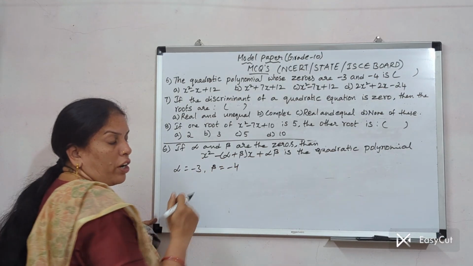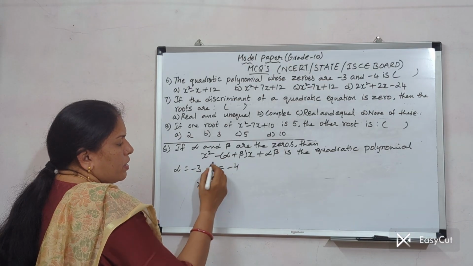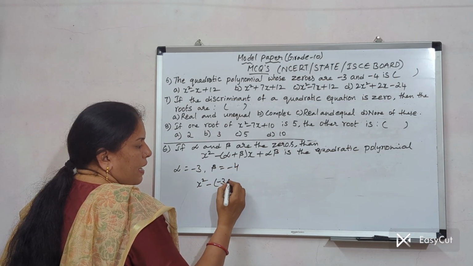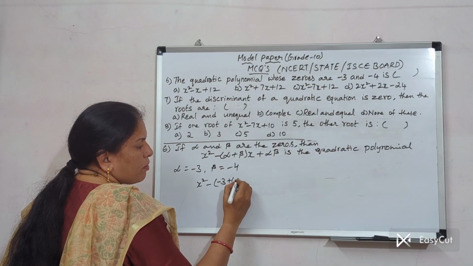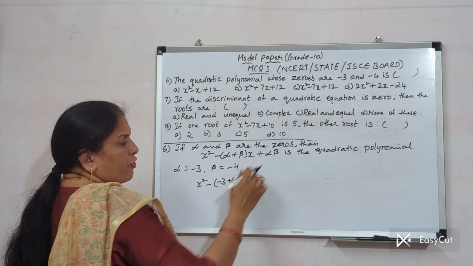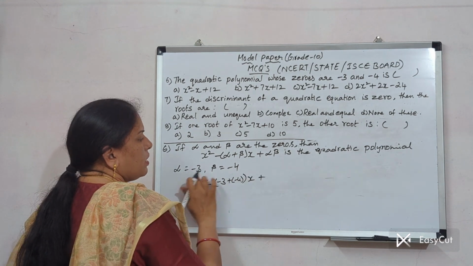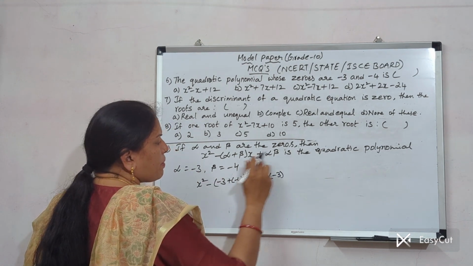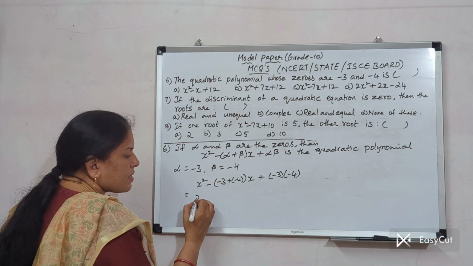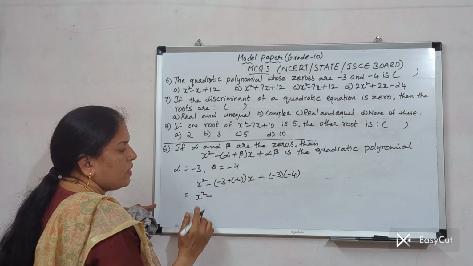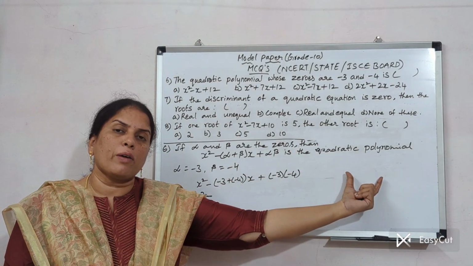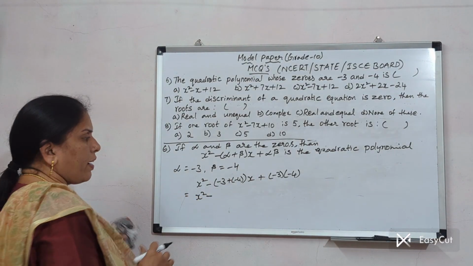Substitute in this polynomial. x square minus (alpha, that is minus 3, plus beta, that is minus 4) into x plus alpha beta, that is minus 3 into minus 4. All of you understood? You can do it directly, or you can find alpha plus beta and alpha beta separately.